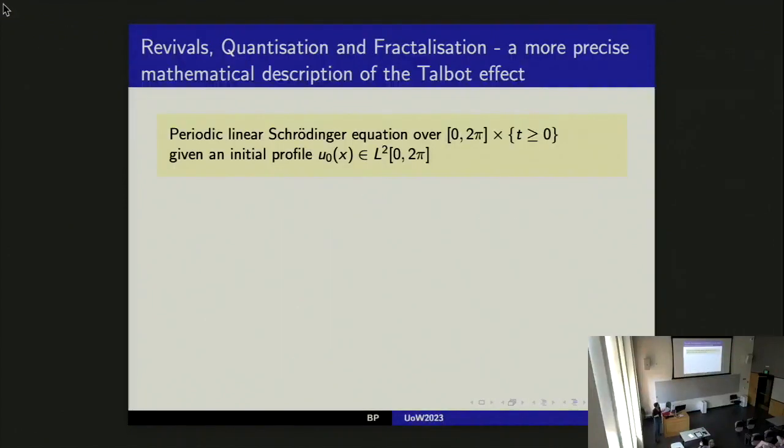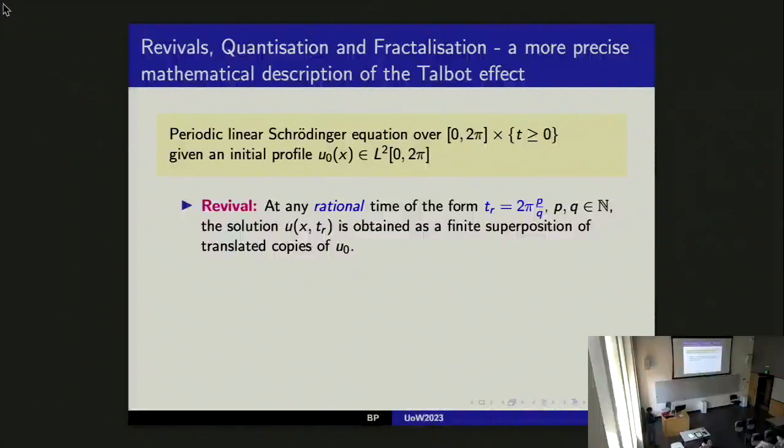So let me give a slightly more precise and more encompassing mathematical description of what this effect is. Suppose, let me do it on linear Schrödinger, which is, after all, the prototypical model for this. Again, just periodic, with an initial condition in L2. It could be anything. It could be smooth. It could be not smooth.